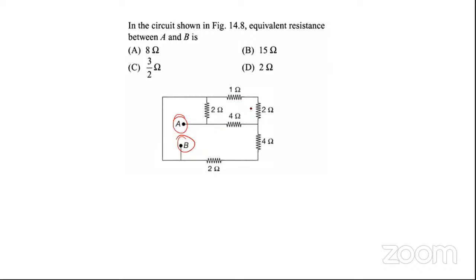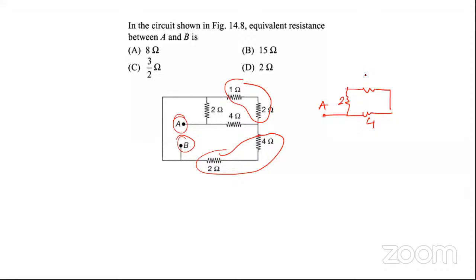See, first of all, we can clearly see some of the resistors that are in series, especially these and these. So we can simply make this as 2, this is 4, this is 3, this is 6.